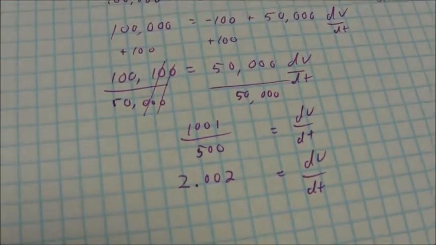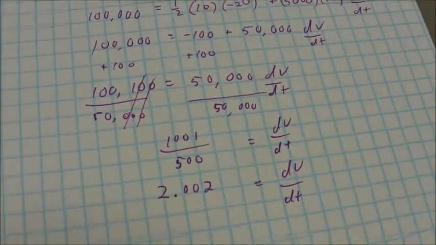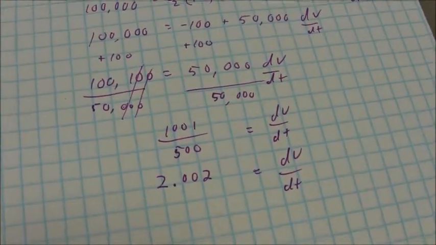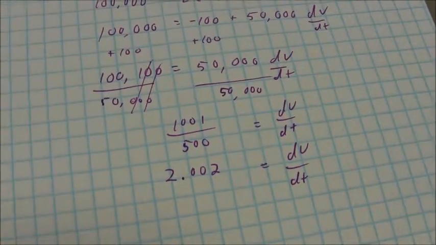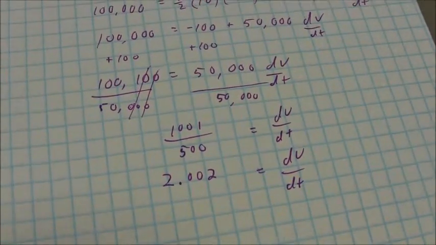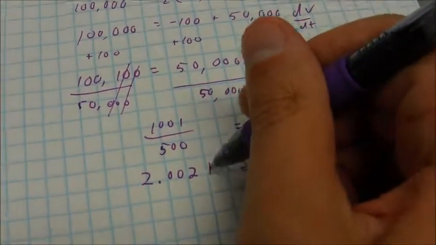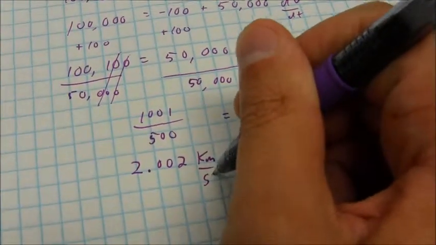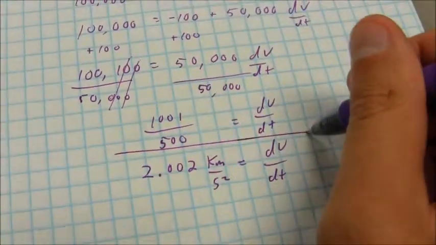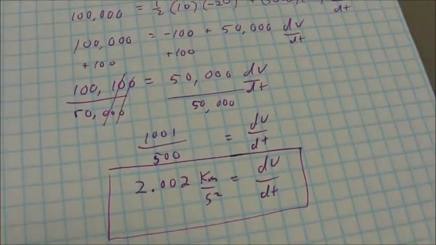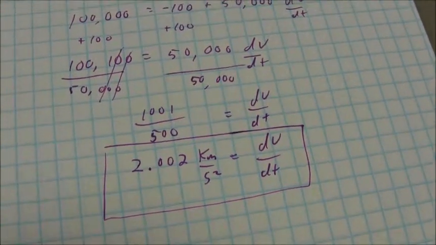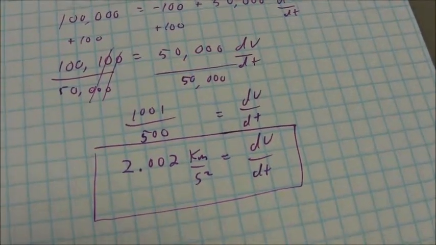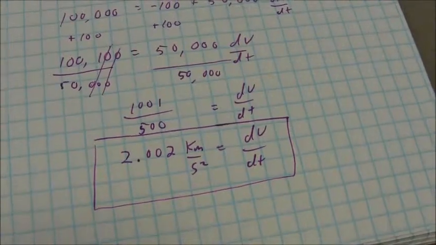Now that's a change in velocity over time. Change in velocity, that's actually an acceleration. So that is going to be kilometers per second squared. And that is the rate of change of the velocity when the mass is 5,000 kilograms and it's traveling at 10 kilometers per second.